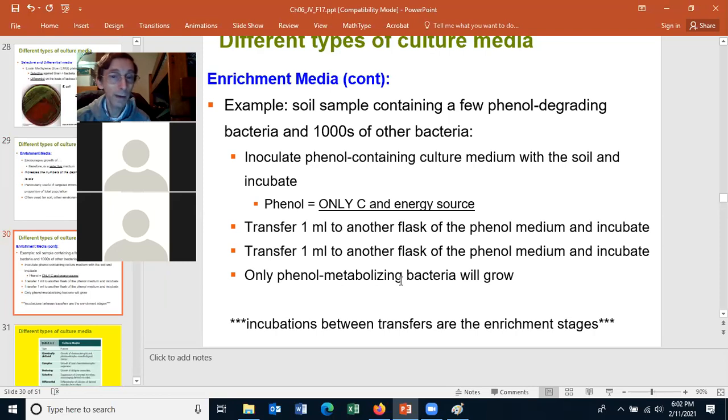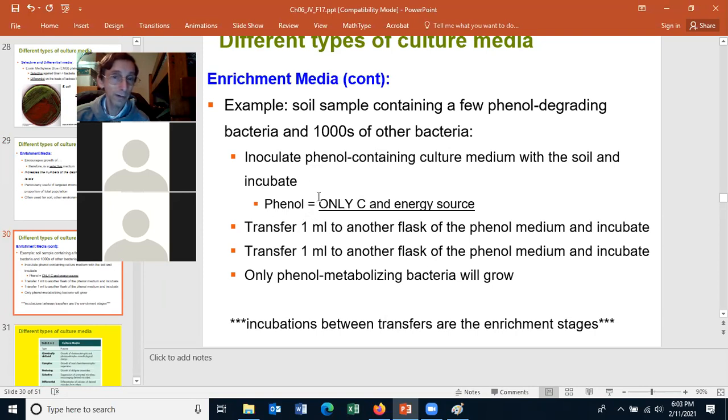But if we were to grow it in an enrichment media, such as a media where phenol is the only carbon and energy source, then the phenol-degrading organisms could grow in this enrichment media, and other organisms that cannot utilize phenol would not grow.